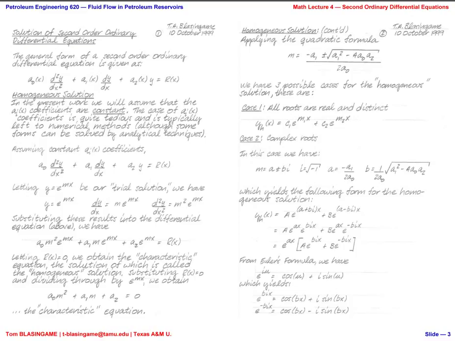You can find it as a linear combination: C1 star, because it's not the same as in this equation, of hyperbolic sine of mx plus C2 star hyperbolic cosine of mx.